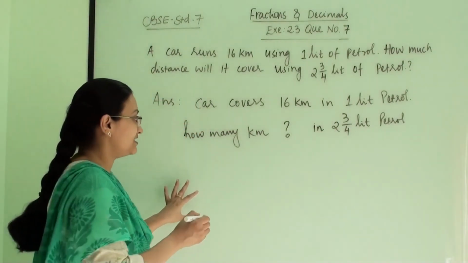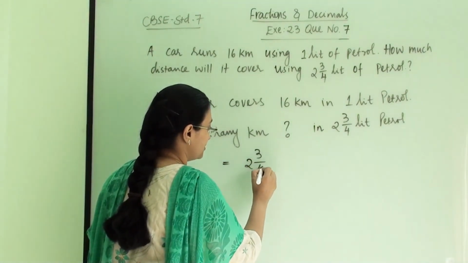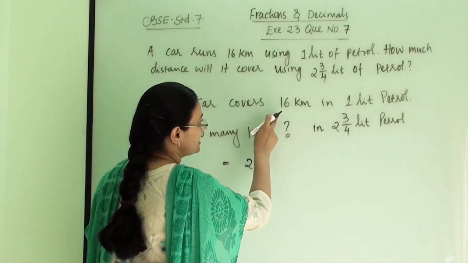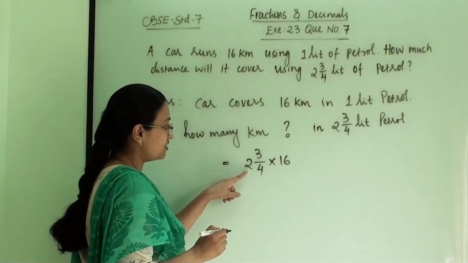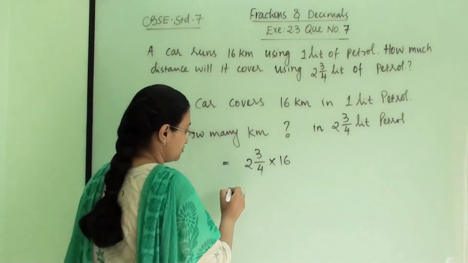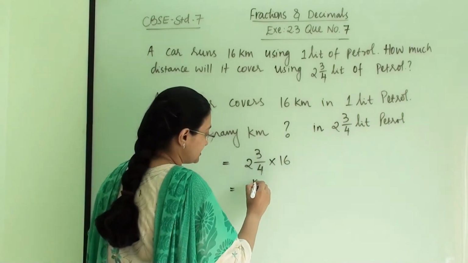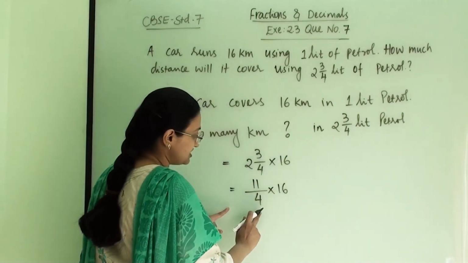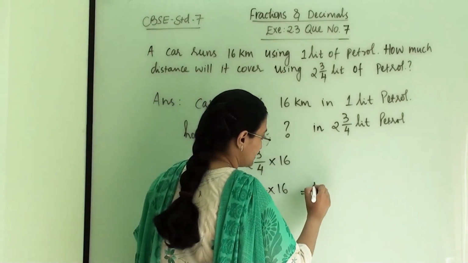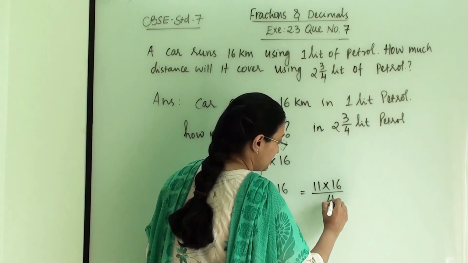So let us write this in multiplication, that 2 3/4 into 16. Now first we have to convert this into improper fraction. So it is 2 4s are 8 plus 3, we will get here 11 divided by 4 into 16. Now let us write this as 11 into 16 divided by 4.